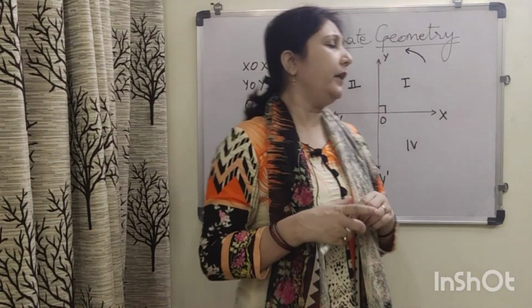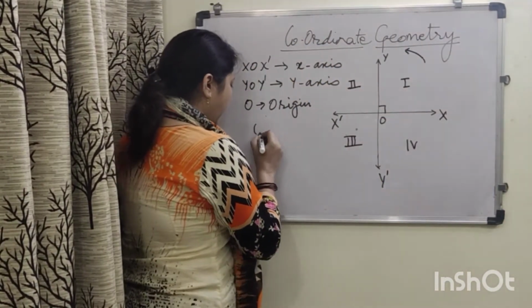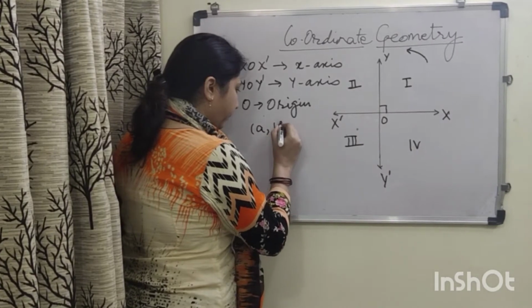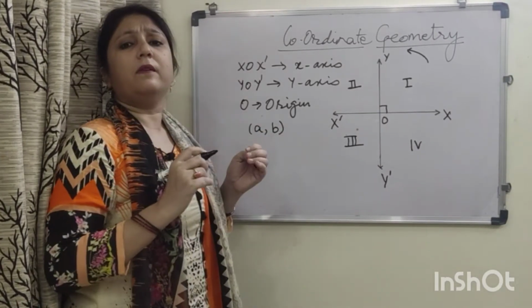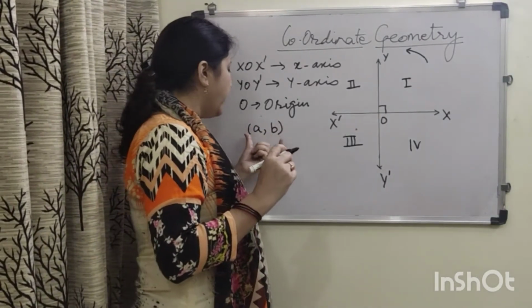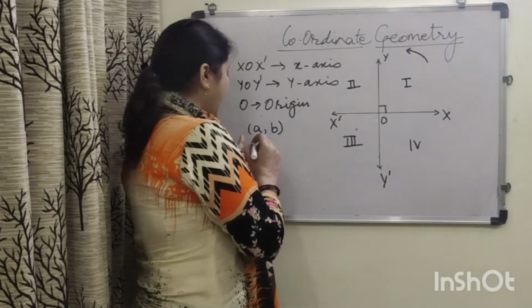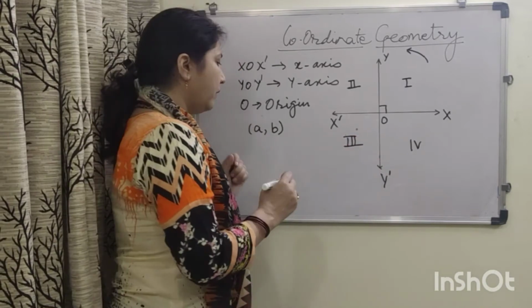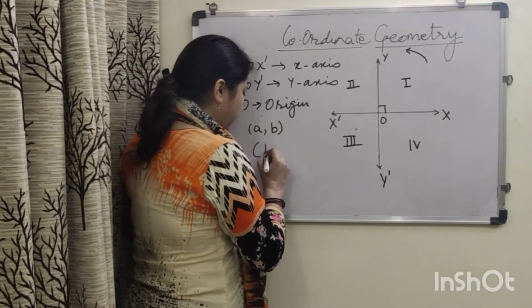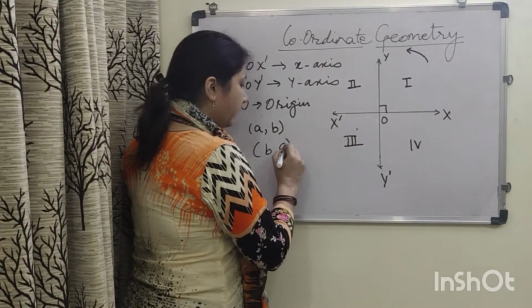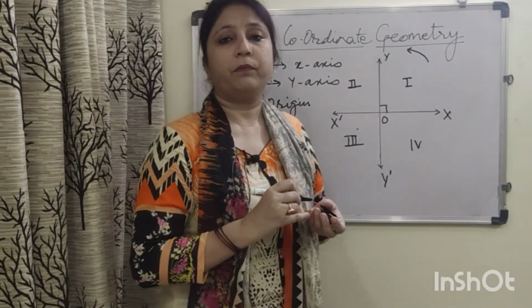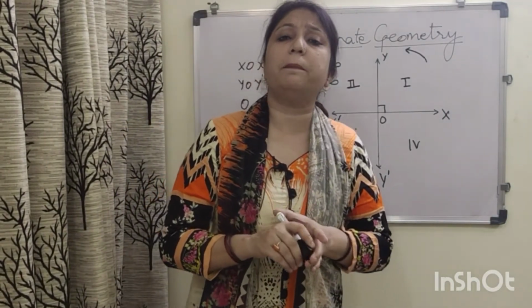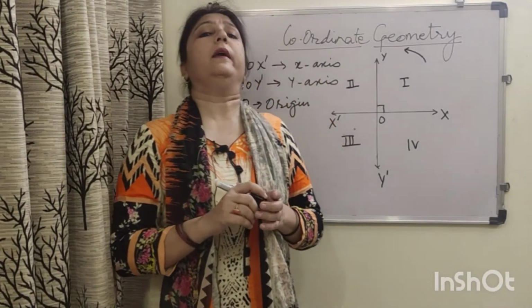If I write A comma B, then it is written in a particular manner that A has to come first, B has to come in the second place. If you interchange their places, this is another ordered pair. So a point is represented by an ordered pair.